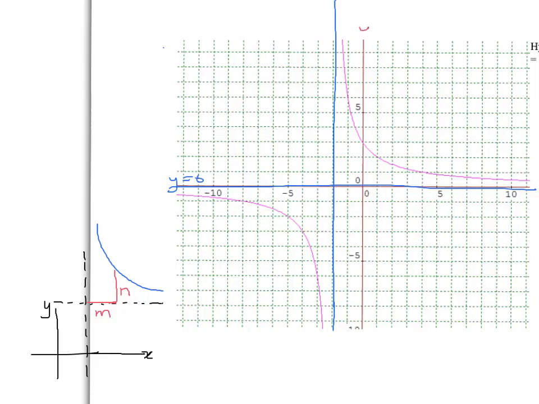So this was our y-axis, our x-axis, and y equals 0, and this one here, on the x-axis, x is negative 2. x equals negative 2. So we can say our asymptotes are at x equals negative 2 and y equals 0. Our graph never hits those lines.